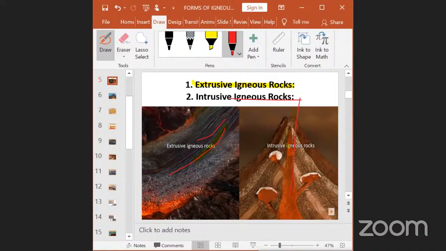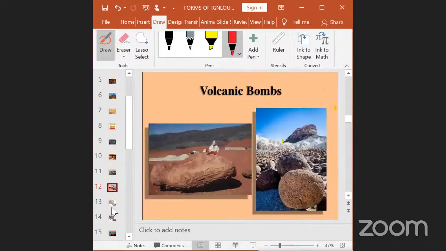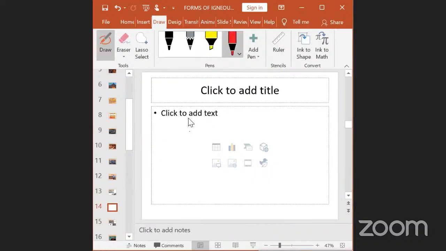The fluidity or viscosity of magma depends on its silica content, SiO2. Magma has no fixed composition; it is usually either silica rich or silica poor.